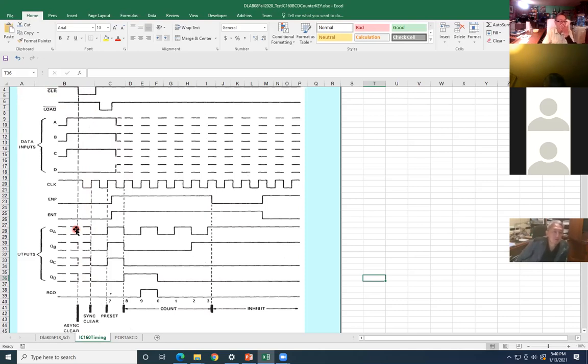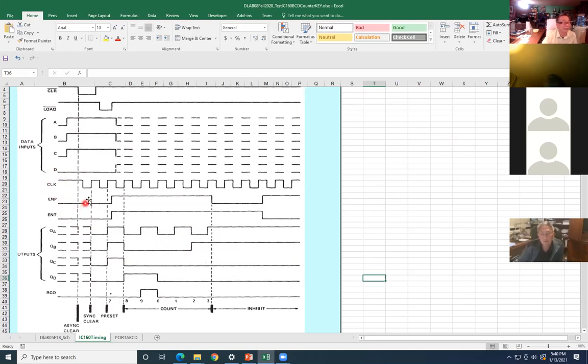When you see those little lines like that, that means don't care. Those are don't care. Normally they have to tell you 1 or 0, right? However, here you can see nothing at all. That means it's not working yet. Okay. Now you can see this is the clock here.